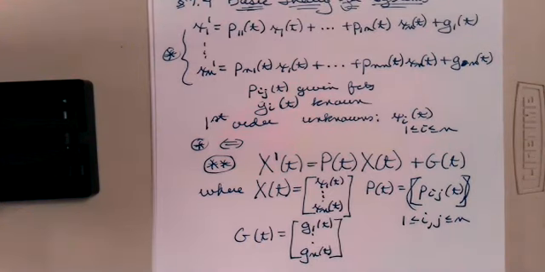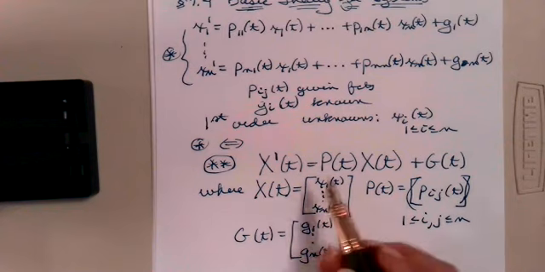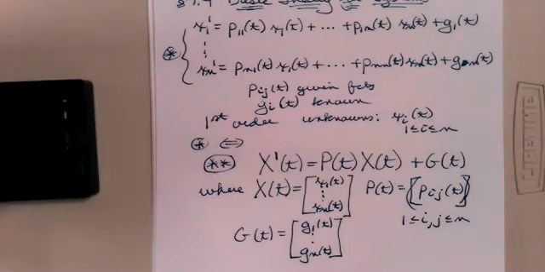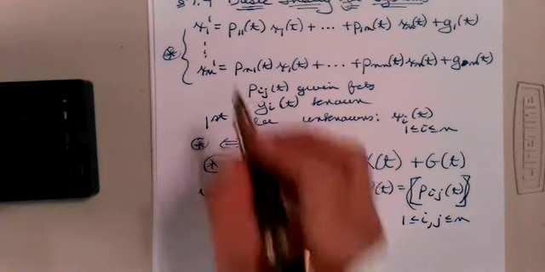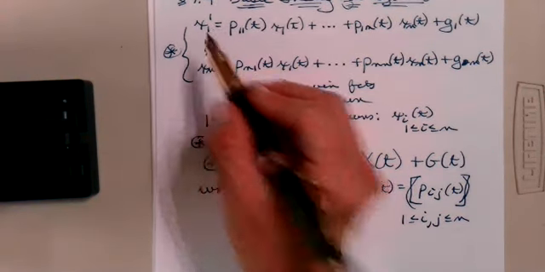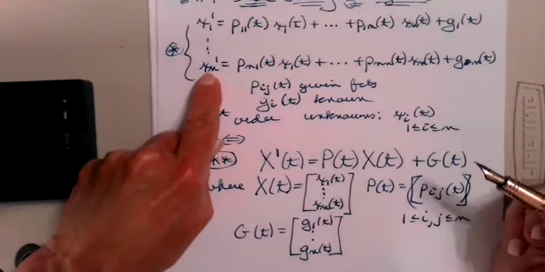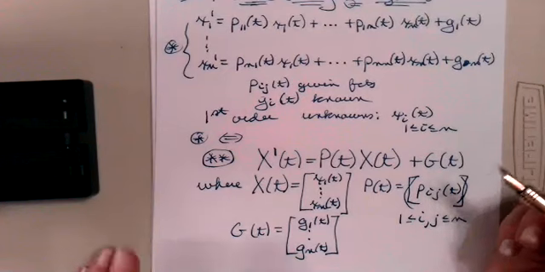Just using matrix multiplication, you can see that this system is exactly the system we have written up at the top. Usually when you have a first order equation, you have an initial condition. If you have n equations, you're going to need n initial conditions.